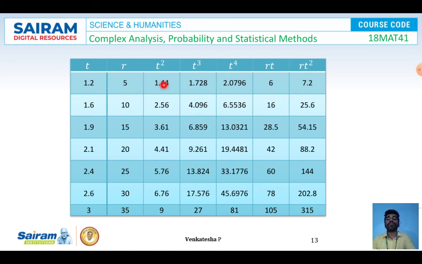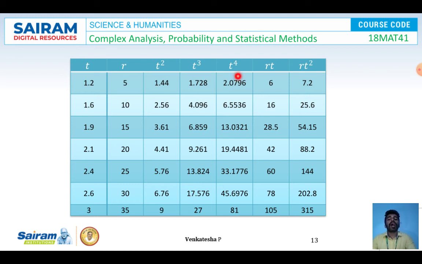I got 1.44, 2.56, 3.61, 4.41, 5.76, 6.76 and 9. T cube is obtained by applying cube for all t values. I got 1.728, 4.096, 6.859, 9.261, 13.824, 17.576 and 27.